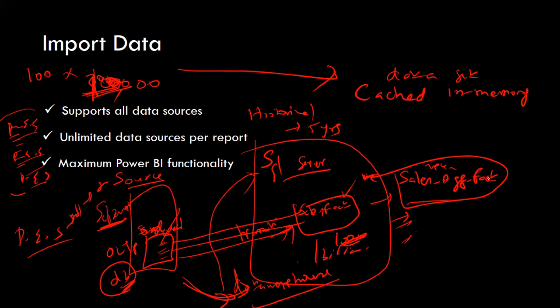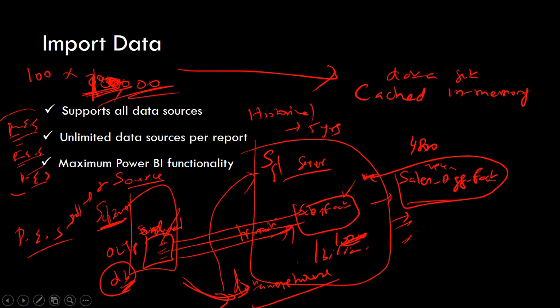So how much? 48 records. That's all, maximum. And into the number of products, 48 into 100, how much? 4,800 records. That's all, 4,800 records you will be having here. Whereas in the sales fact table, you will have 100,000 records, as per this. So here the volume of the data is less.